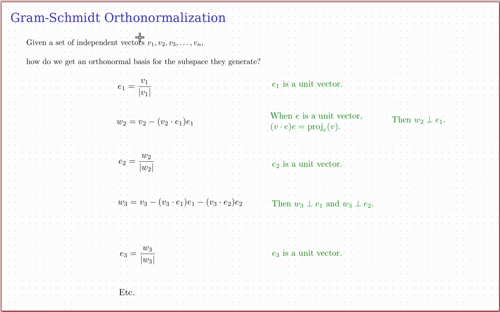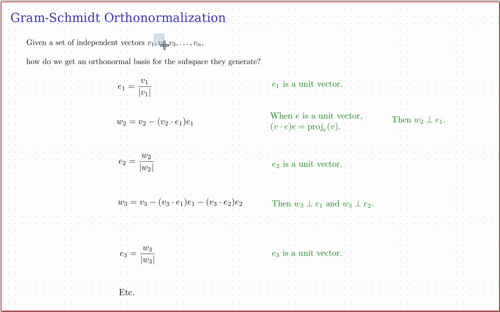So we go through this original basis, v1, v2 up to vn, one at a time. For the first vector, v1, all we have to do is normalize it, by which I mean we want to stretch it or shrink it so it has unit length. So all we have to do is take v1 and divide by its magnitude. That'll turn v1 into a unit vector, and that'll be our first element of the orthonormal basis. It'll be a unit vector we'll call e1.